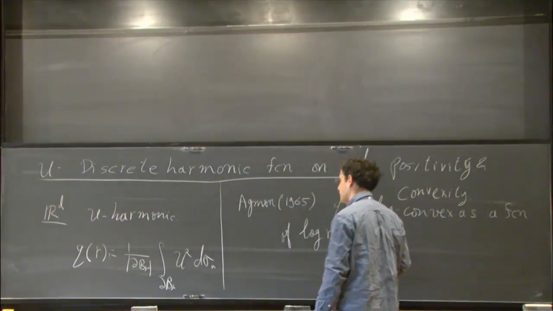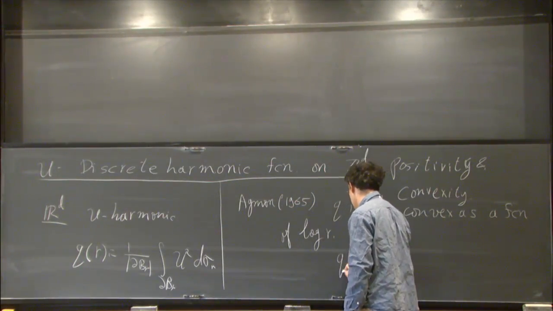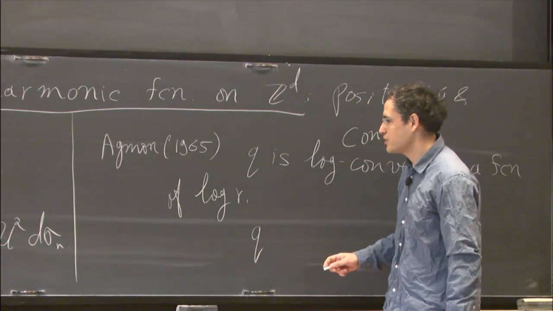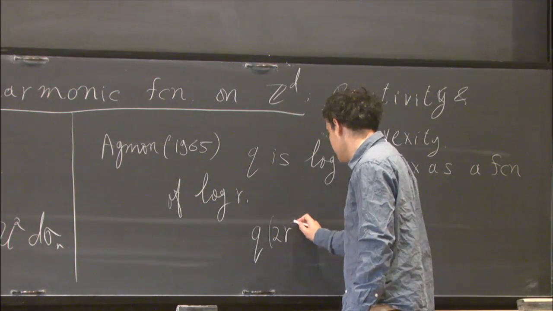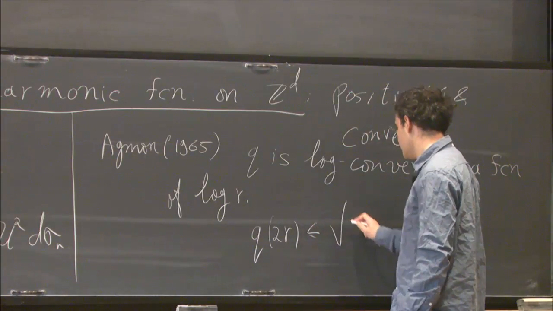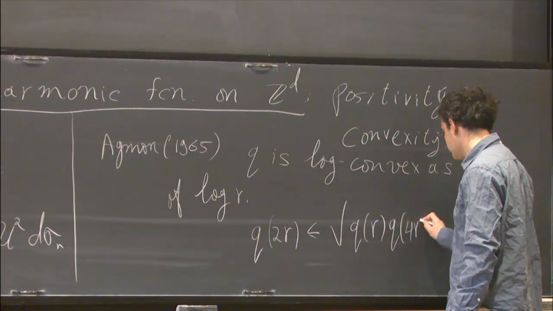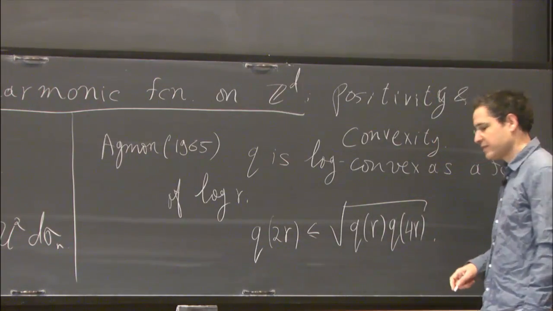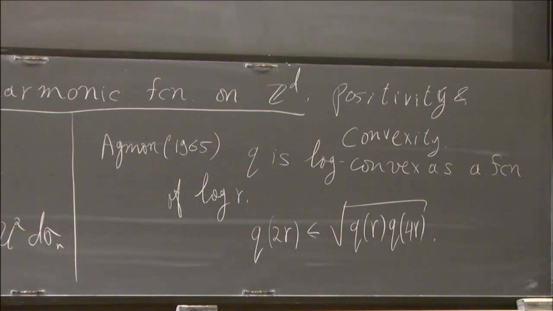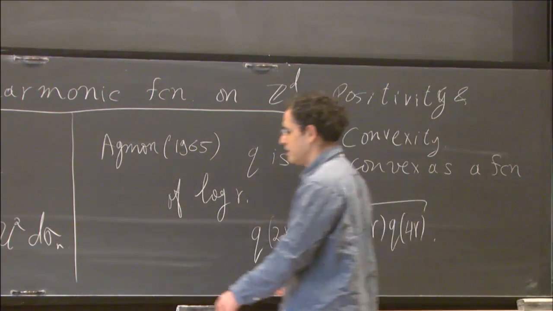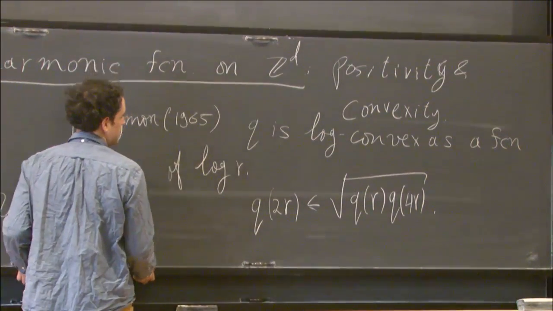So in other words, one has a three-circle theorem for this function: Q of 2R is smaller than the square root of Q of R times Q of 4R. And the question is how one can discretize such an inequality.